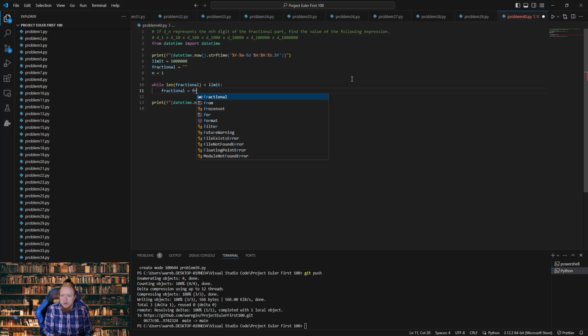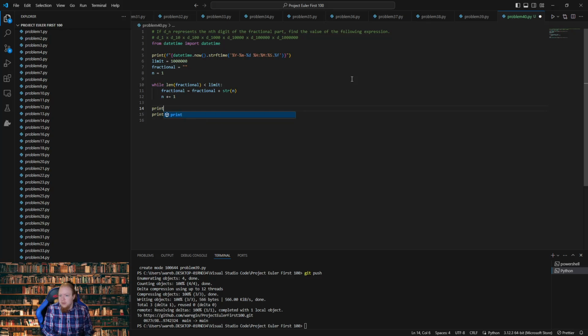I don't know if plus equals works. Is there like an append? Okay. Fractional equals fractional plus string of n, n plus equals 1.